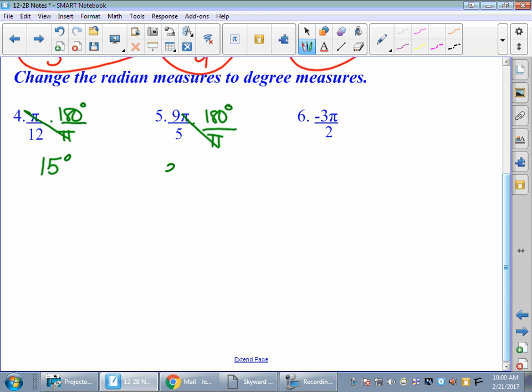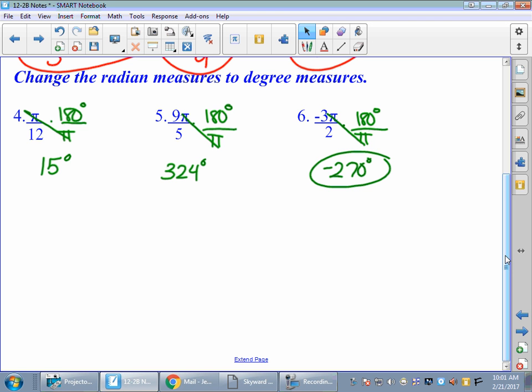And so that's 324 degrees. And negative 3/2 pi times 180 degrees over pi. The pi's cancel. Negative 3 times 180 is negative 540. And when you put negative 540 over 2, you end up with negative 270 degrees.